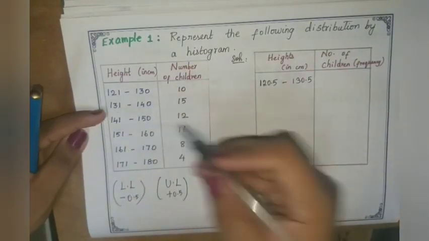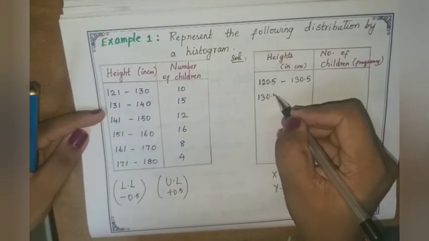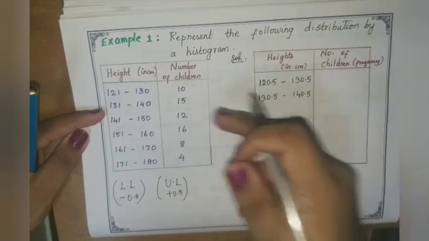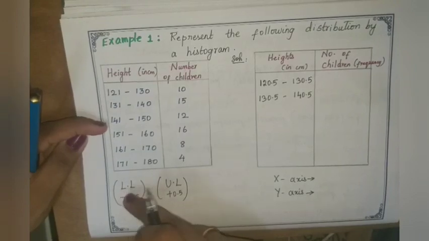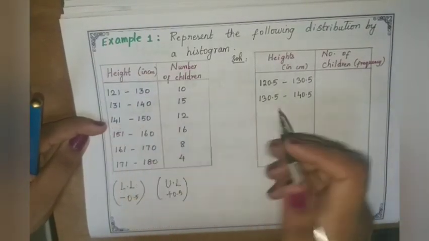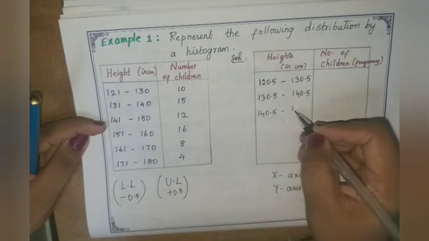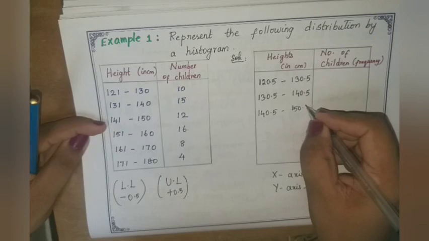Similarly, 131 minus 0.5 becomes 130.5 and here it is 140.5. 141 minus 0.5 is 140.5 and 150 plus 0.5 is 150.5.